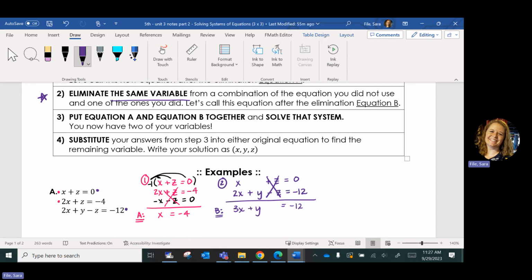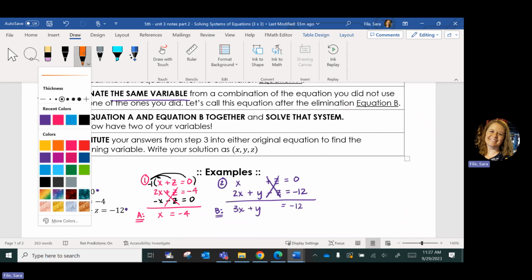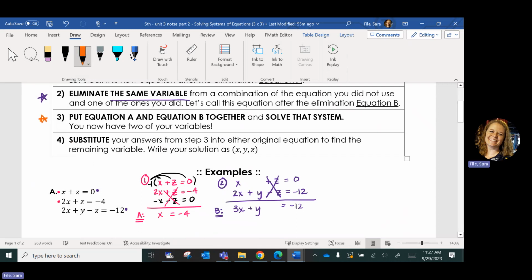Then step 3 says, all right, you've got equation A and equation B now. Combine those. That's a 2x2 system, because notice neither of them have z, right? It's 2 equations with the same 2 variables. So I'm going to do, it doesn't matter if it's substitution or elimination, whichever method you prefer.